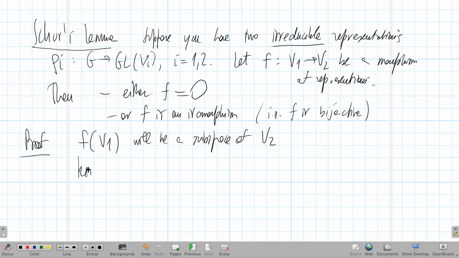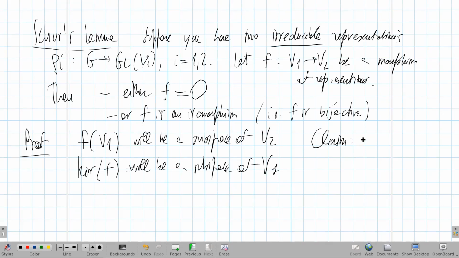And the kernel, this is in particular a linear map, so you can consider the kernel of F, which will be a subspace of V1. And my claim, we have already seen in part in the course of the proof of Maschke's theorem: claim, these two subspaces are rho(G) invariant subspaces.